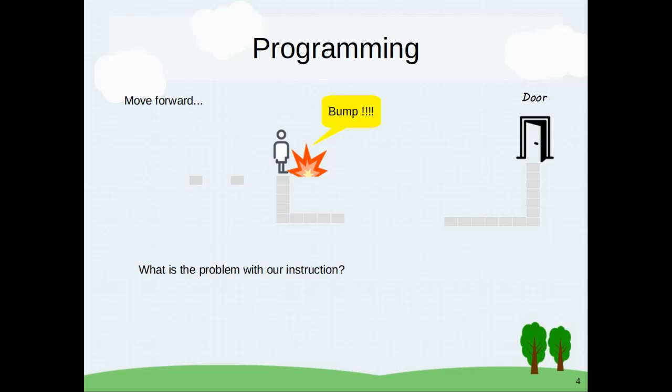For the second instruction, you tell the blind man to turn right. He will turn right and stop there, because the instruction was clear, just to turn right. Then for the third instruction, you tell him, okay, move 5 steps forward.